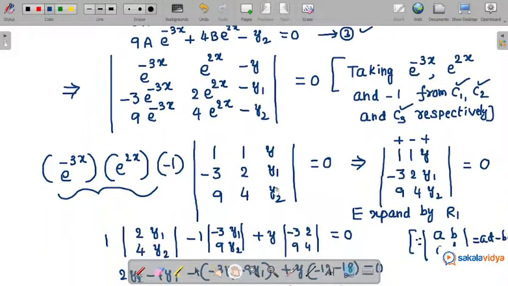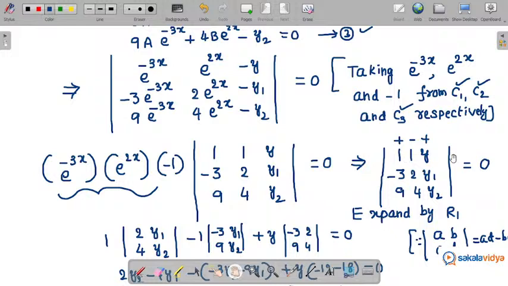The product of all these is a nonzero number, because e power minus 3x does not equal 0 and e power 2x also does not equal 0. That's why we get the determinant of 1 1 y, minus 3 2 y1, 9 4 y2 equal to 0.